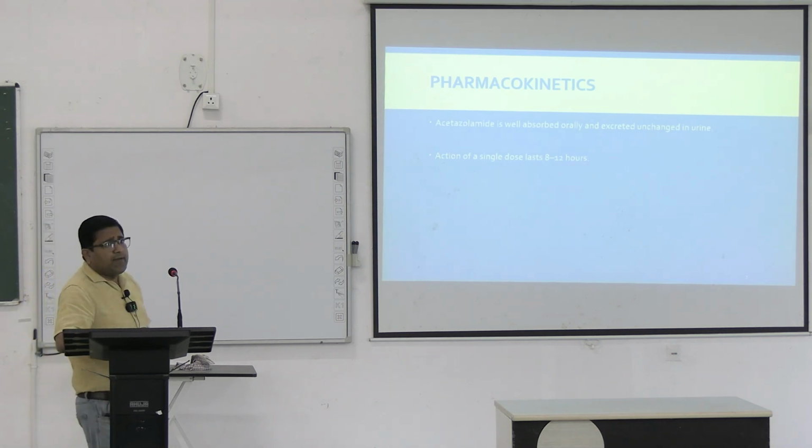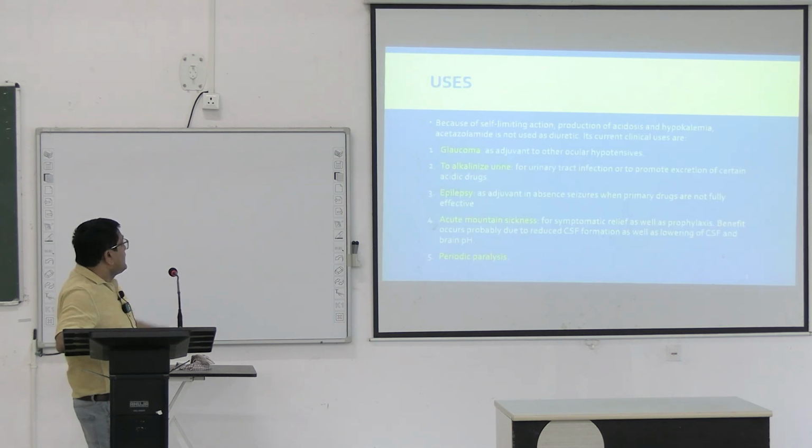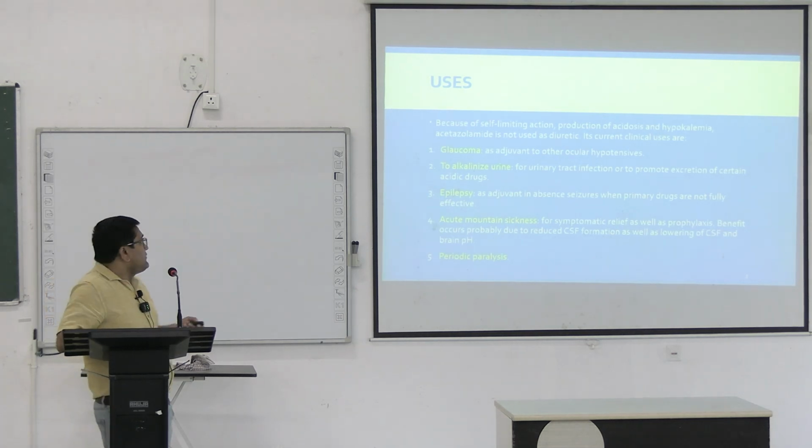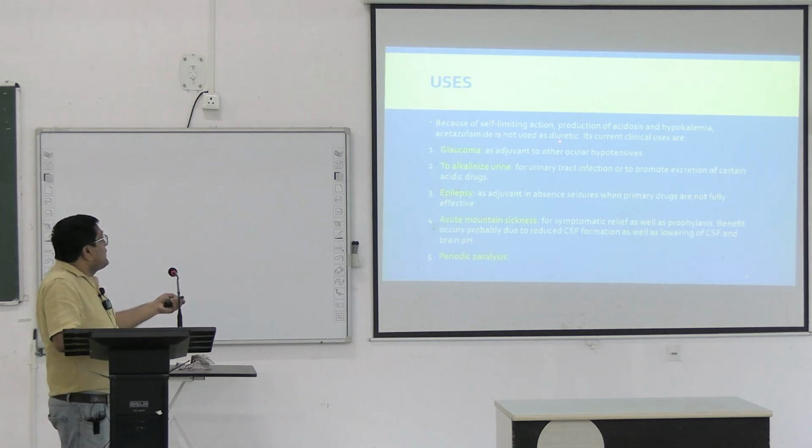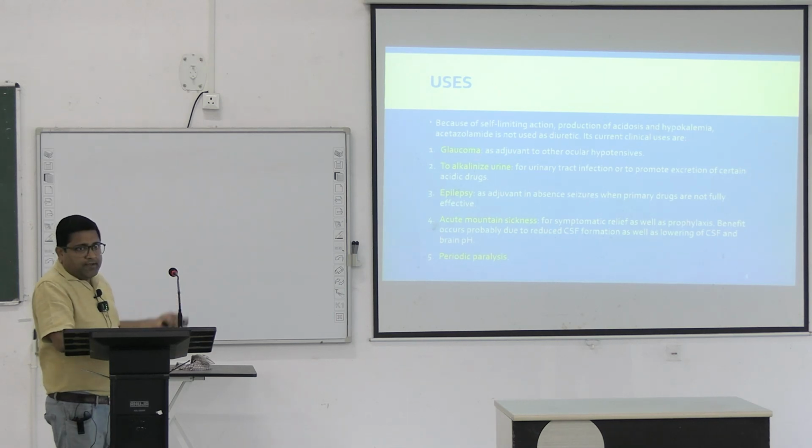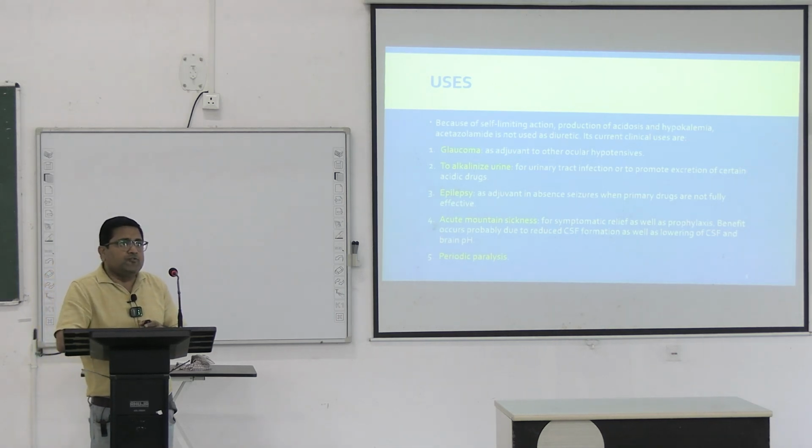Pharmacokinetics: well absorbed orally, excreted unchanged in urine, action lasts for 8 to 12 hours. Usage of acetazolamide, the carbonic anhydrase inhibitor. Number 1, in glaucoma. As a diuretic, acetazolamide is not commonly used.